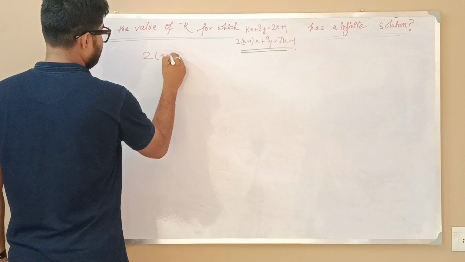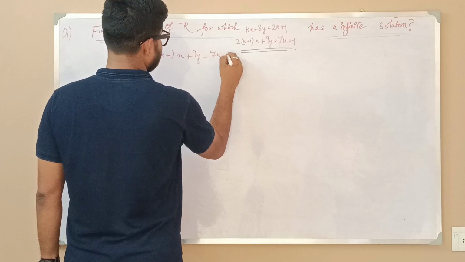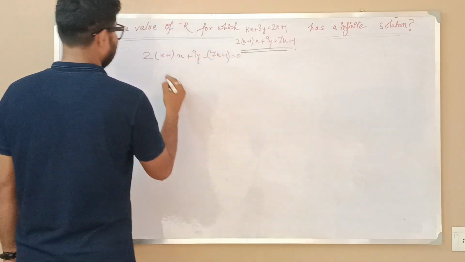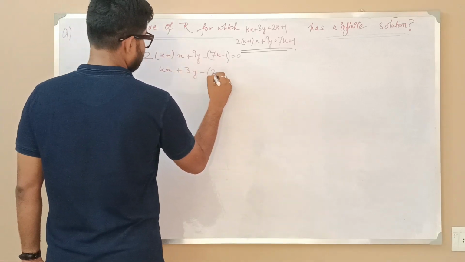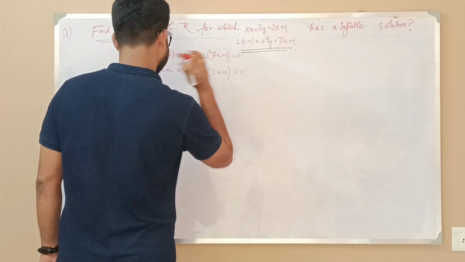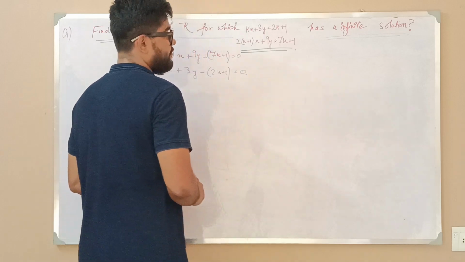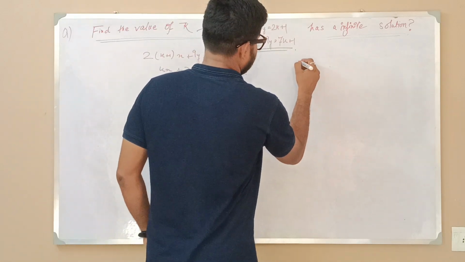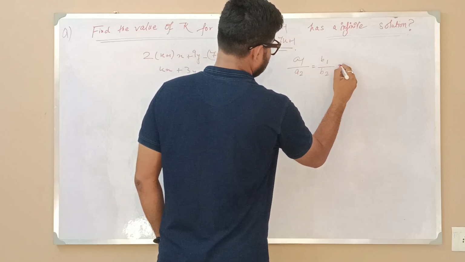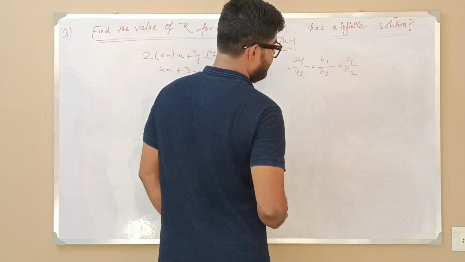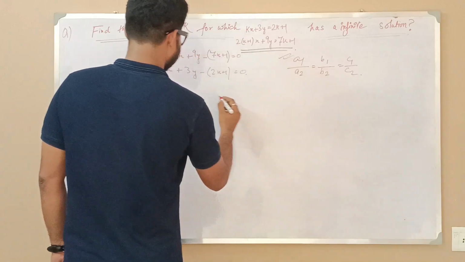2 into k plus 1 x plus 9y minus of 7k plus 1 equals to 0. Now kx plus 3y minus 2k plus 1 equals to 0. Okay, so which condition I have to follow? Actually I have to satisfy this one. Okay, for infinite solution this condition I have to satisfy.